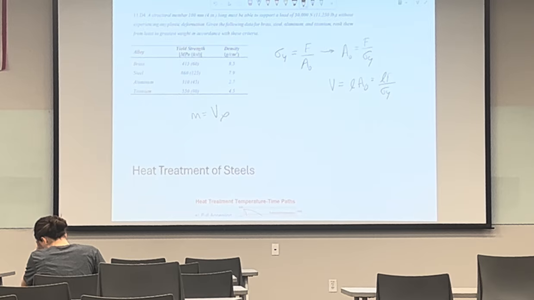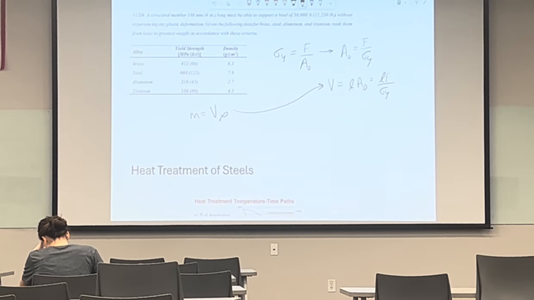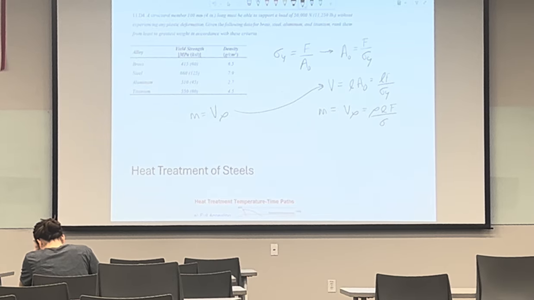And so knowing this, we can use what we know here and apply it into that equation. And we'll end up with mass is equal to volume times rho, but that is also equal to rho multiplied by the length of that member multiplied by the force divided by that yield stress.